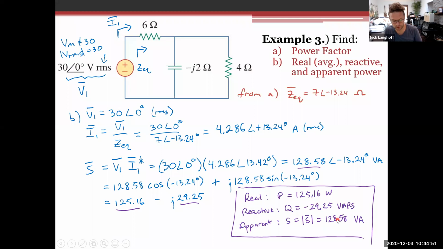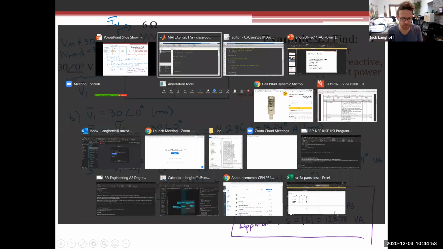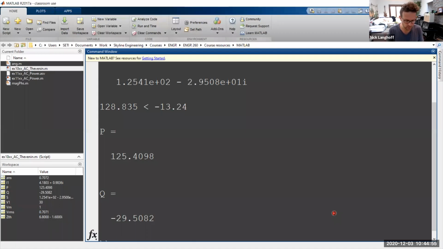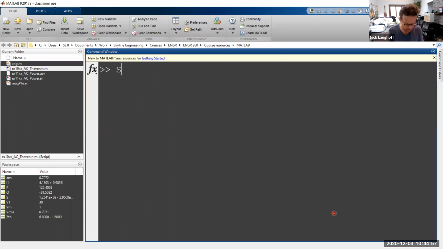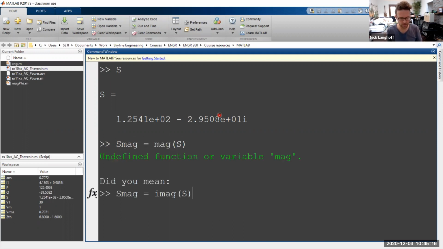And in fact, if we took the magnitude of S, so I believe I have S shown here as one of my variables. MATLAB will show it by default in rectangular form. I believe if I actually just calculate the magnitude of S, I'll write this as S mag equals magnitude of S. That's a built-in MATLAB function. Whoops. Oh, sorry, I meant to say abs S.